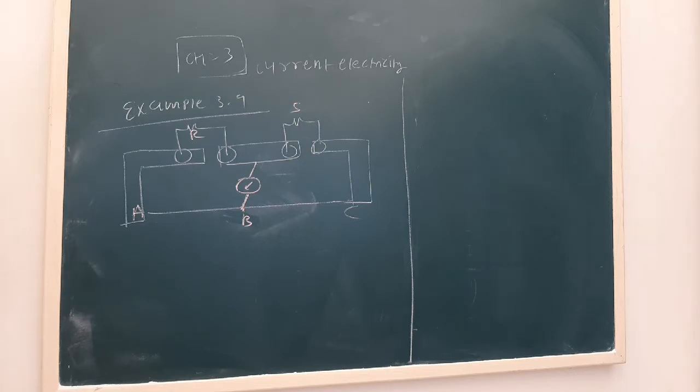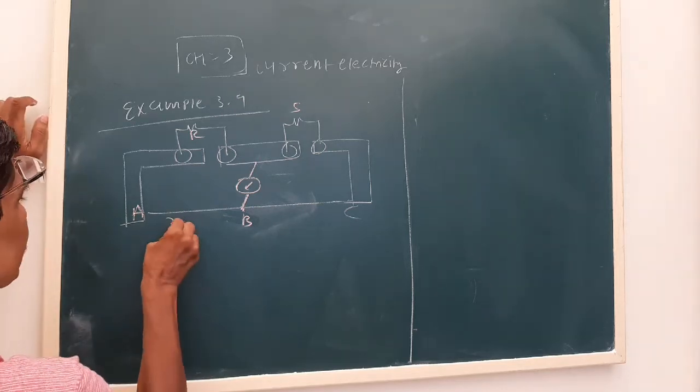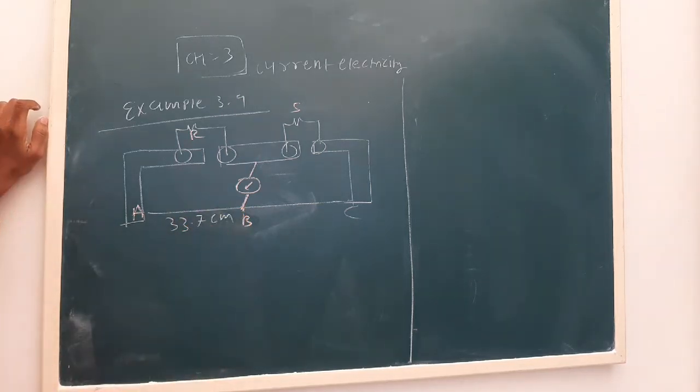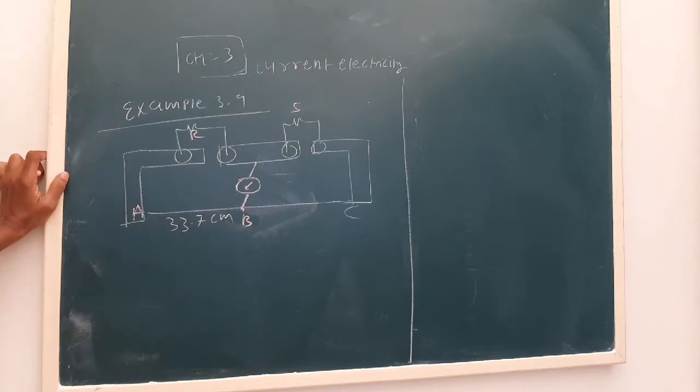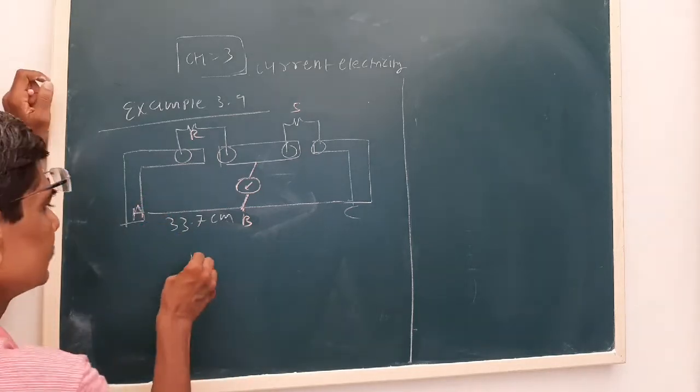Now the null point, R and S are the resistances. Null point is 33.7. So what will be this BC length?